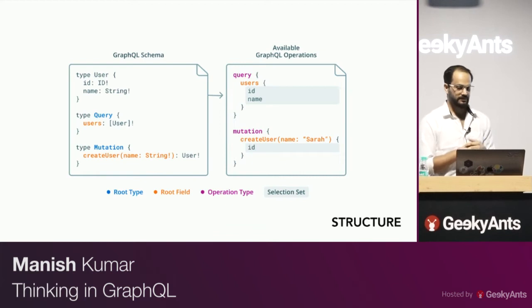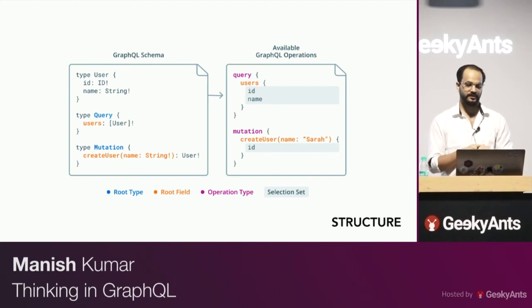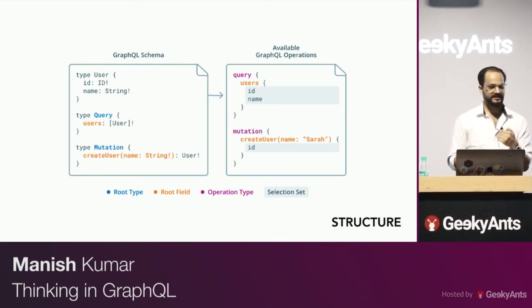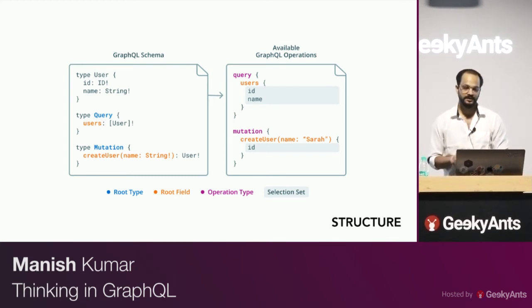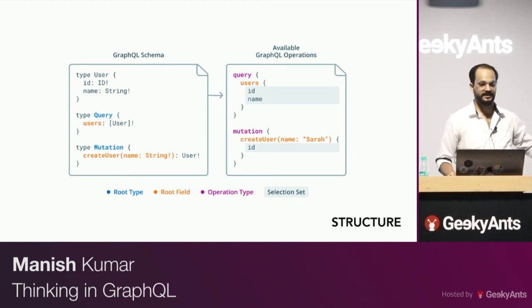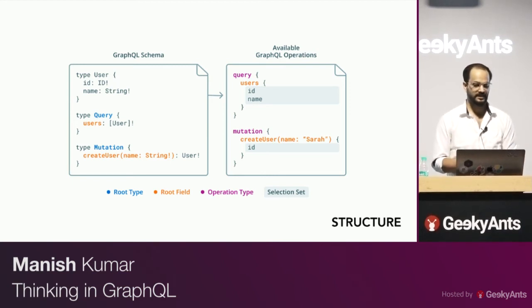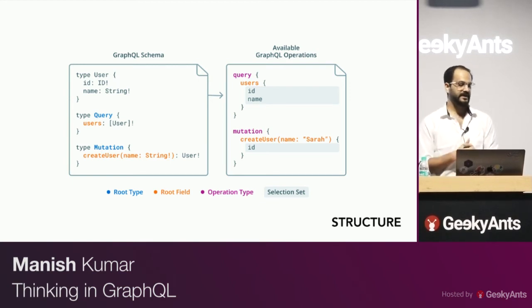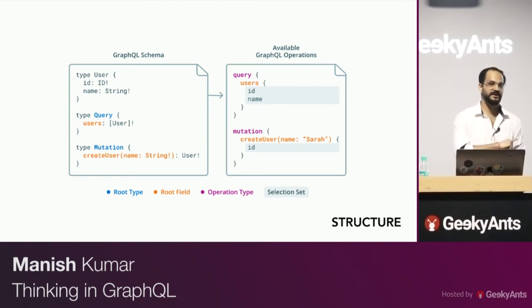And to do it in more detail, there are 2 important root types, which are query and mutation. That is like the entry point for your get or post. You can query for users here, which is of type user, and it's an array type, right? I mean, I can query for multiple users at the same time. Similarly, for mutation, there's a create user, where if I provide a name, it will create a user type for me.